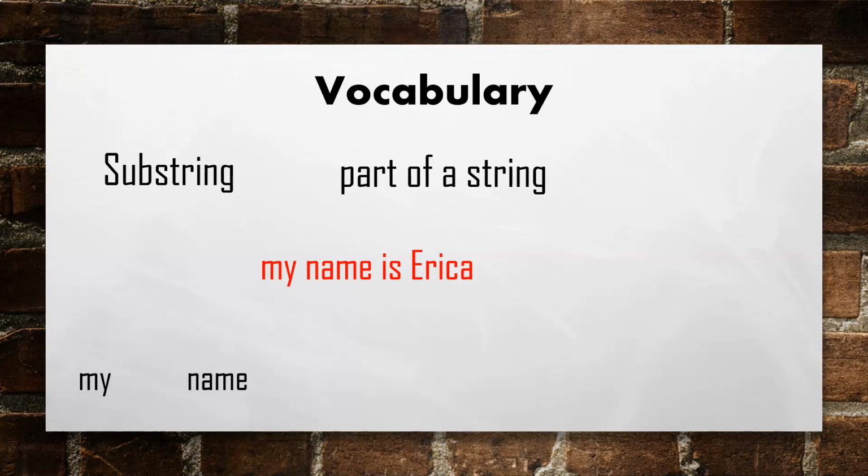The word name is considered a substring. The word is, the word Erica, and even each individual character is considered a substring. So the M will be a substring, the Y a substring, the N a substring. Those are all substrings of the string, my name is Erica.